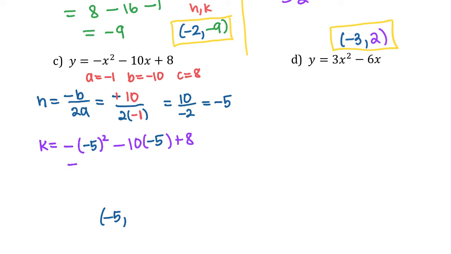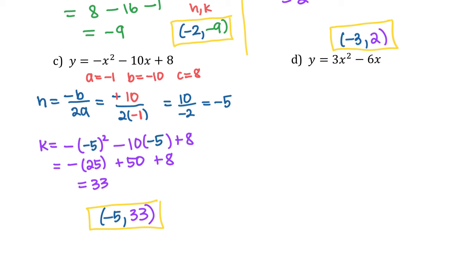So this is going to be -5 to the second power is +25. -10 times -5 is +50 plus 8. So 58 minus 25 is 33. And you're welcome to put that entire expression in the calculator. I care more about knowing you know how to do it. So my vertex is at -5, 33, which is high, but if we're not graphing it, it doesn't matter.